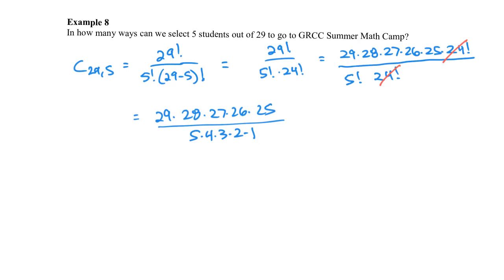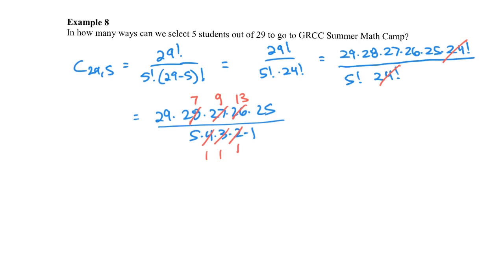So I do the 2 in the 26: 2 goes into 2 once, goes into 26 13 times. Then we can do the 3 in the 27: 3 goes into 3 once, goes into 27 9 times. Then the 4 in the 28: 4 goes into 4 once, goes into 28 7 times.